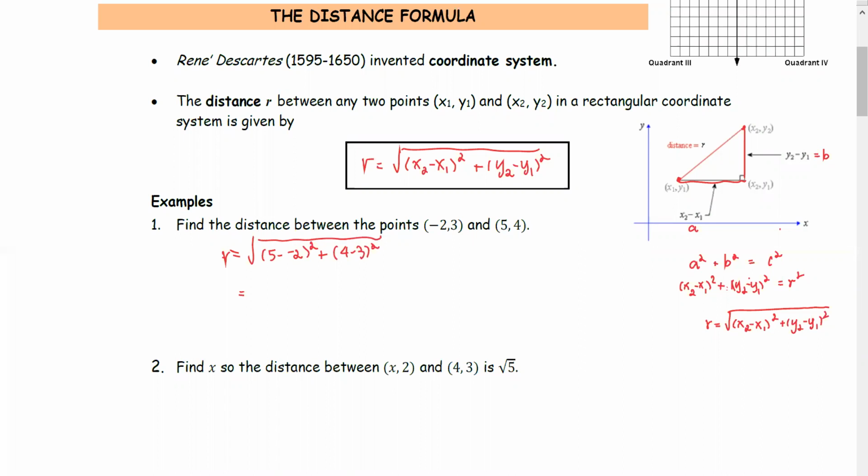Simplify the numbers. We get square root of 7 squared plus 1 squared, or square root of 49 plus 1, or square root of 50. Simplify a little bit more: 50 is 2 times 25. We get 5 square root 2 as the most simplified number.